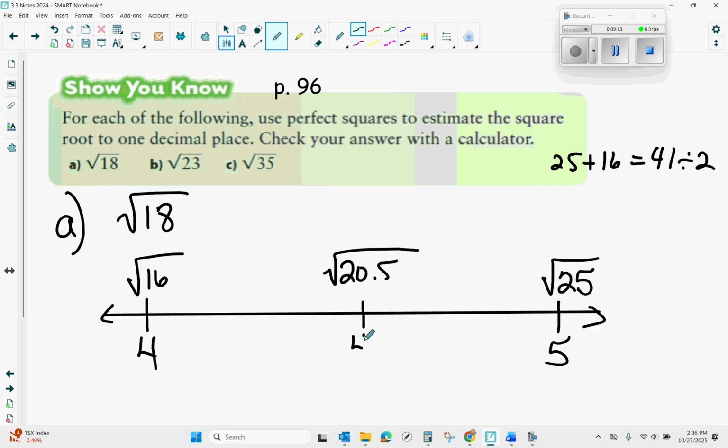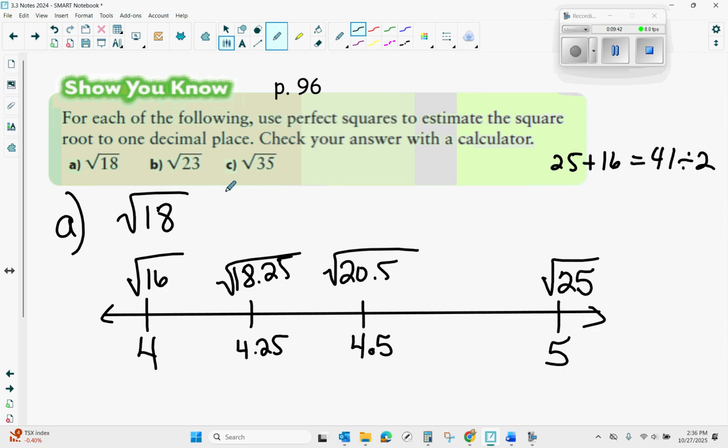It's always the same method, or you might just know the middle is 4.5. I want the square root of 18, so I'm going to find the middle again. It's somewhere between 16 and 20.5, so we'll find the middle. 36.5 divided by 2 would be 18.25. And the square root of 18.25 is approximately the middle of those 2.